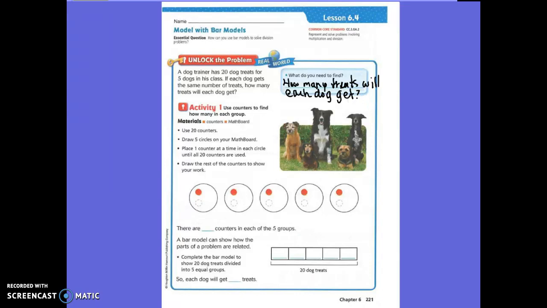Okay, to find this answer, we are going to do equal groups like we have been, using counters.